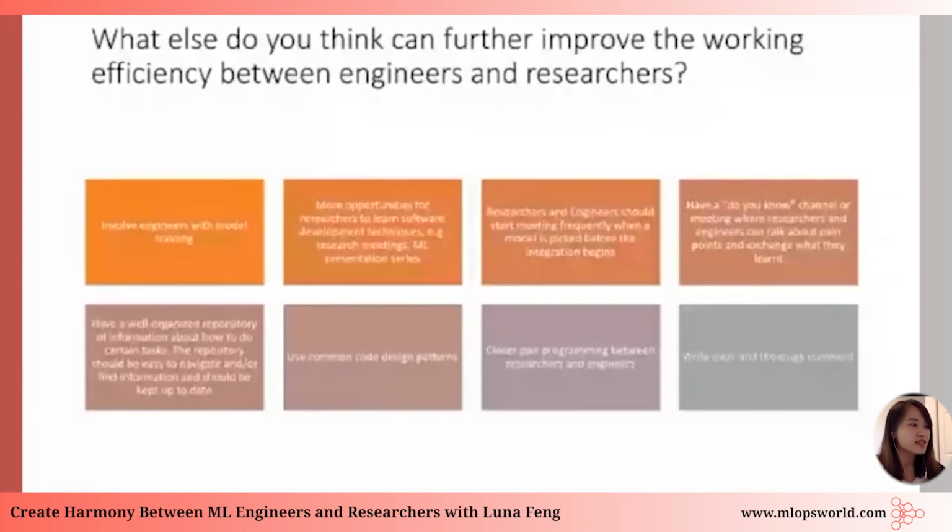The next suggestion we have is we should have a well-organized repository of information about how to do certain tasks. Those repositories should be easy to navigate and find information and should be kept up to date. For example, in NLP tasks, we do a lot of text cleaning, or we use different ways to do tokenization.